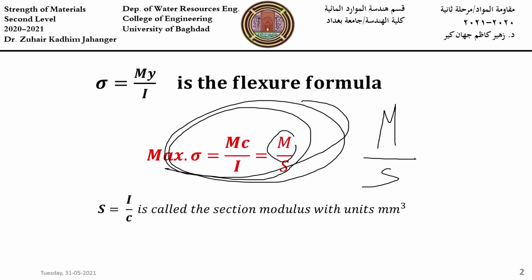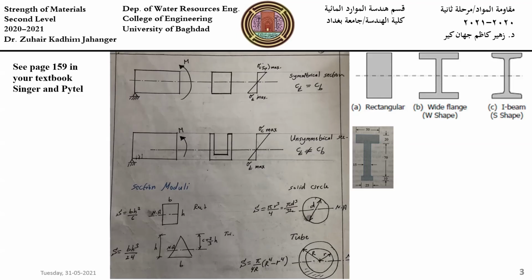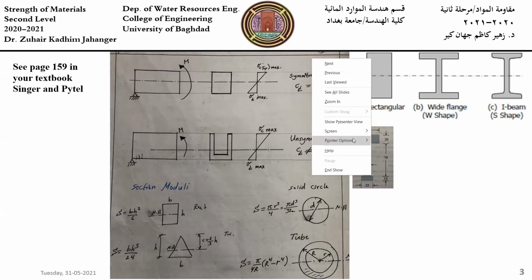done previously in many lectures. So just to remind you, with this section modulus for rectangular, triangular, circular, and hollow sections, for symmetrical section at the top and the unsymmetrical section in this figure.